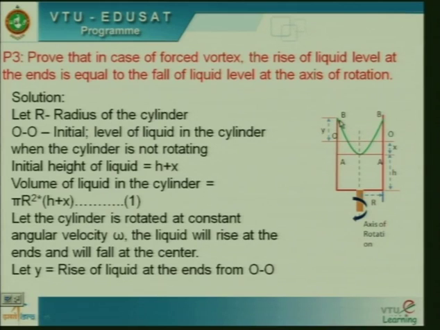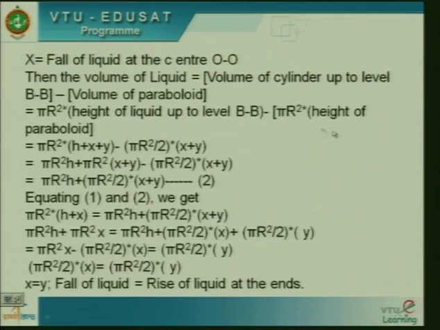If I want to find the volume of fluid when the cylinder is rotating, I find the volume of the cylinder corresponding to BB, and then subtract the parabola volume from this original volume. That is what I mentioned in the next equation.